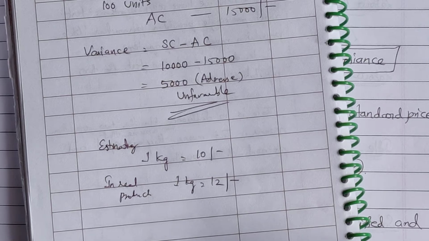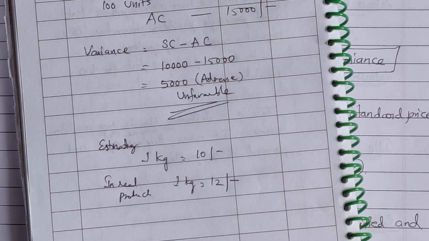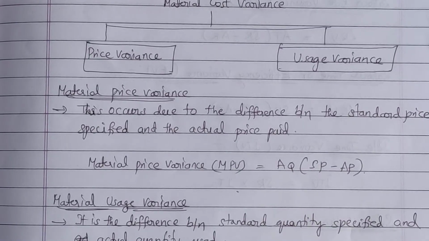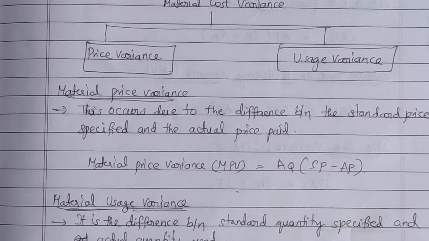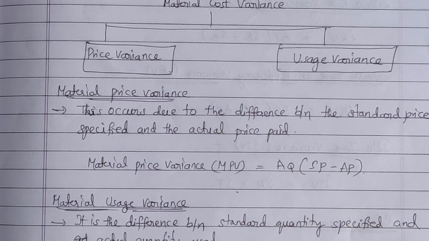The other reason is inefficient buying. Suppose you are purchasing raw materials regularly from one supplier, and a mediator comes and tells us to purchase raw materials from another supplier for his benefit, and we do not get regular discounts and the prices may rise. So in that way we get inefficient buying.